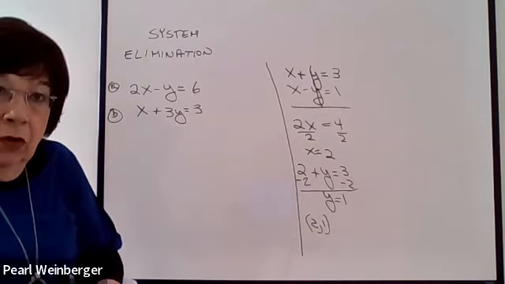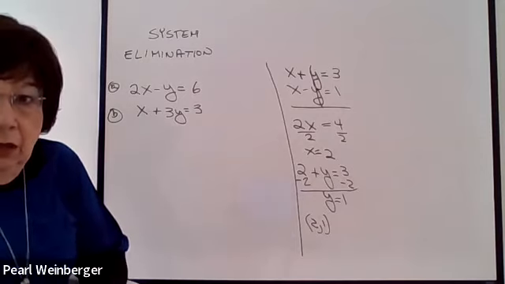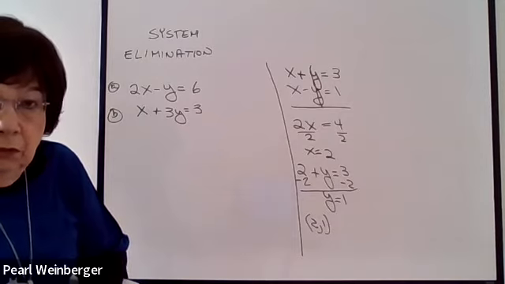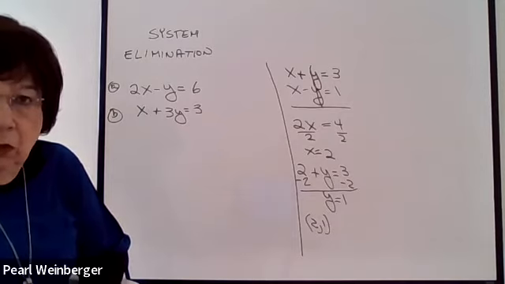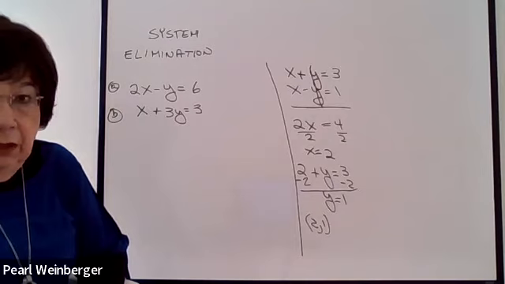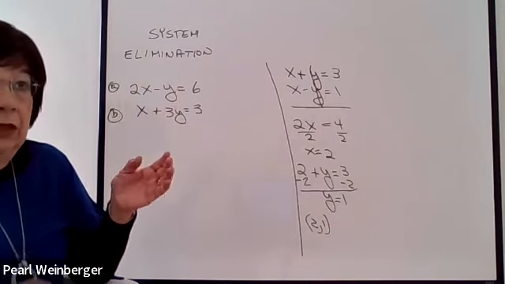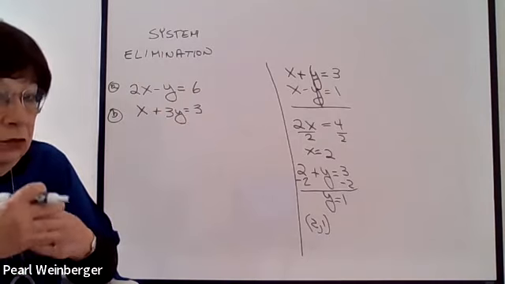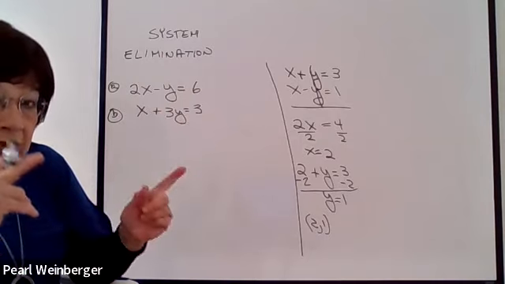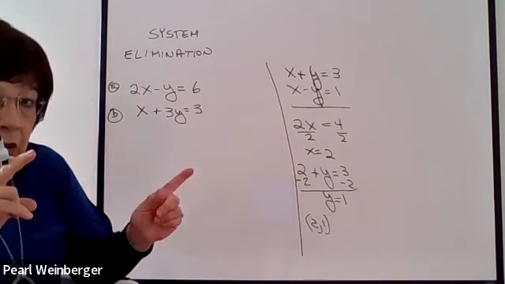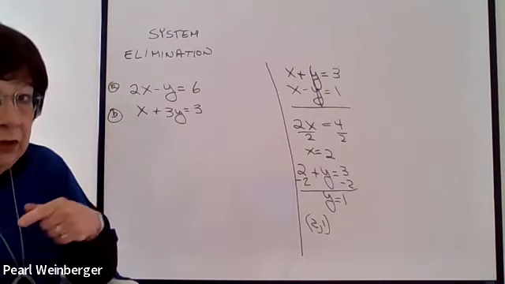So I think, what will make a variable be eliminated? What caused it to be eliminated? Well, that's when I add them, I get 0. And the only time when I get 0 when I add is when I have the exact same number, except one is positive and one is negative.